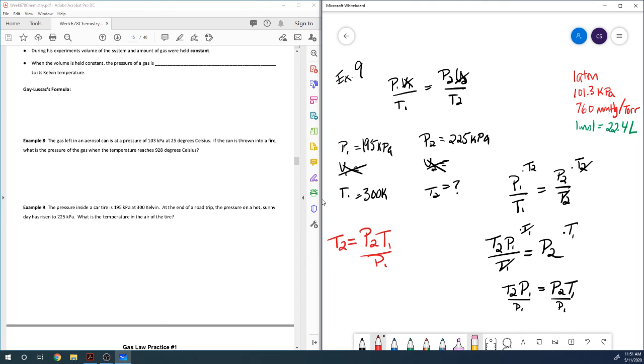Now we plug it in. How that would have sucked if we had been dealing with numbers that whole time, okay? That's why I'm specifically telling you to solve for the variable first. T2 equals 225 kPa times 300 K divided by 195 kPa.